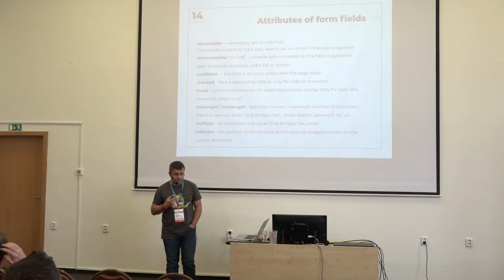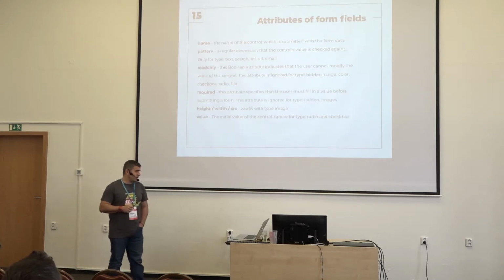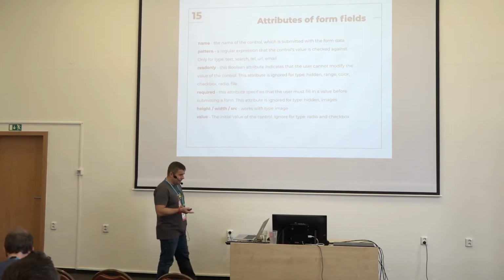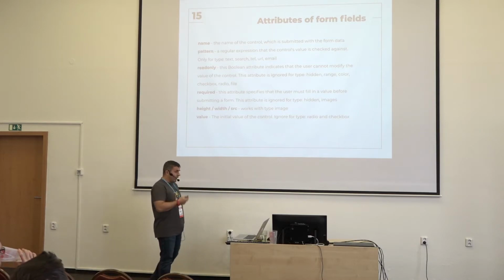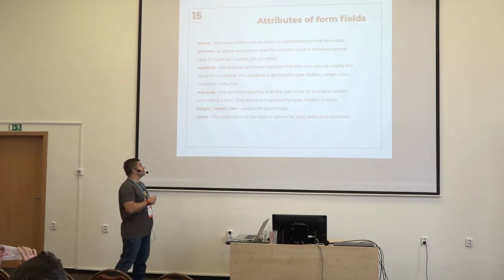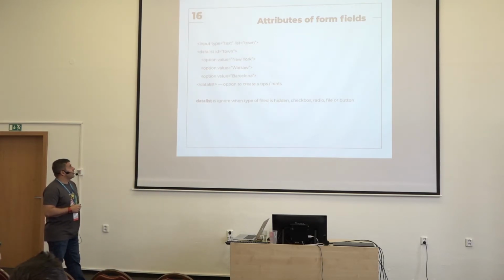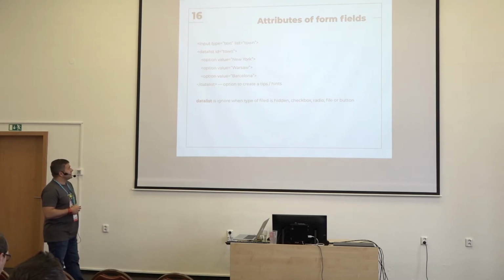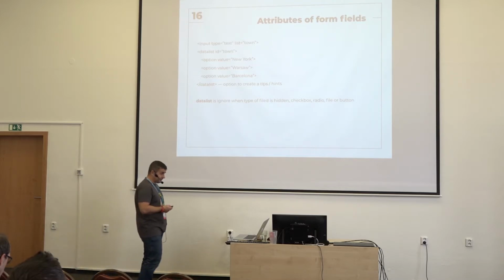It works only for file and for email, and tabindex. Of course, we have more than this: the name, the pattern, readonly, required, height, width, source, and value. I think it's a simple list of these attributes. We can make some options using a datalist to create some hints or tips for our users.